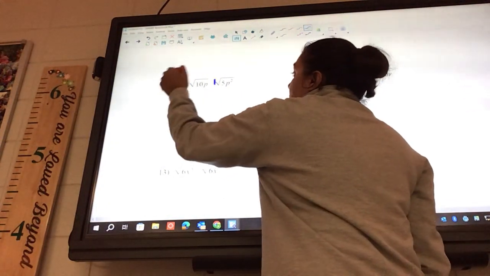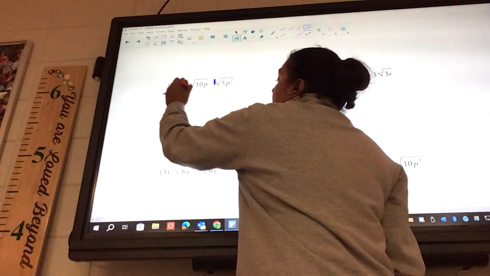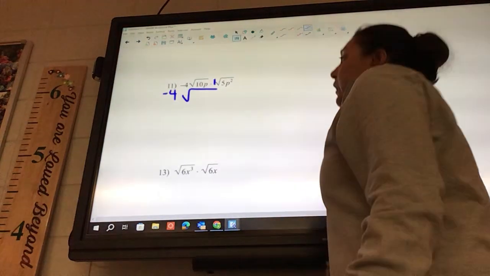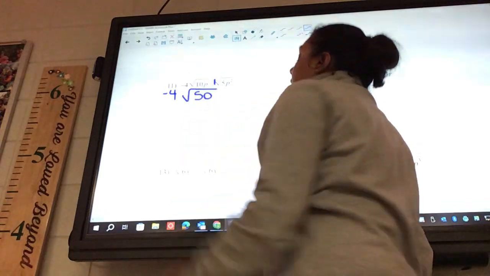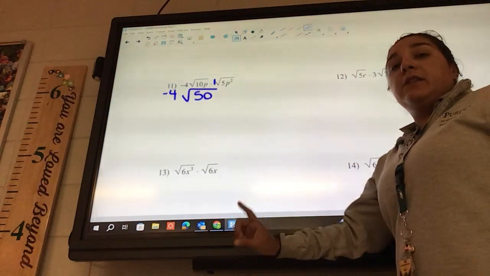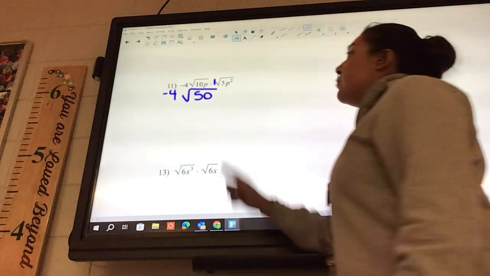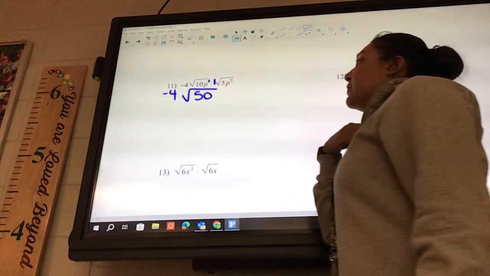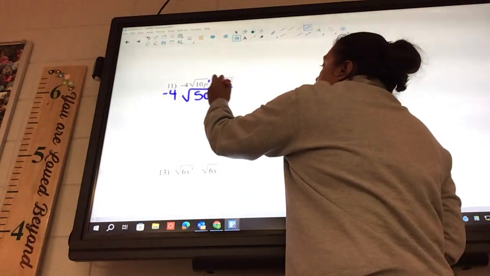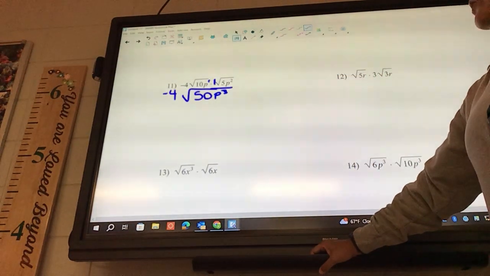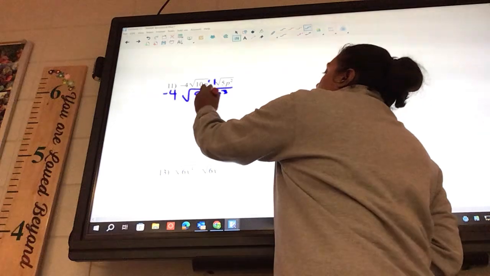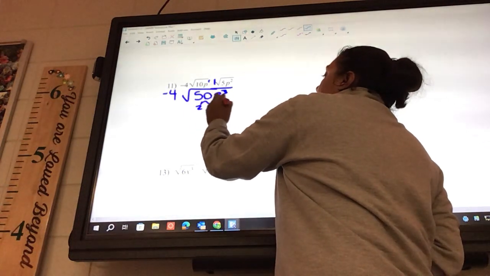So negative 4 times 1 is going to be negative 4. And then do the inside. So 10 times 5 is 50. Think, how many p's does the first guy have? Well, he has 1, and the second guy has 2, so it's going to be p cubed. And so you're going to factor out the 50. So 2 times 25, 5 times 5.